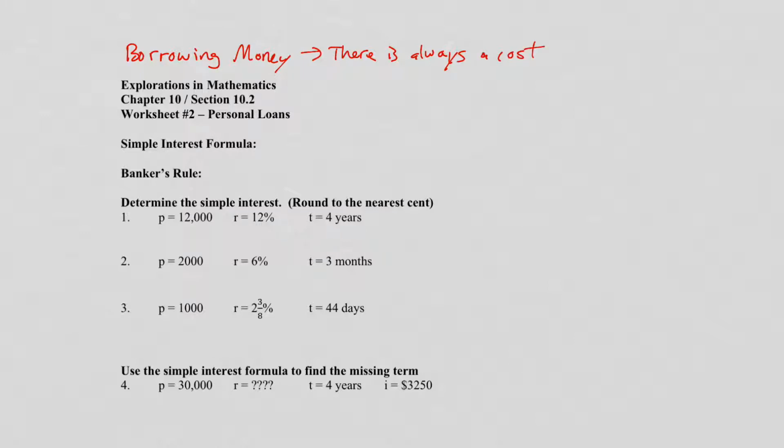Even if it's interest-free, the person lending the money is giving up money that could be earned either through lending it to you or investing it somewhere else. So for the consumer, there's always a cost for you, or there's a cost to the lender if they use interest-free. So there's always a cost somewhere.